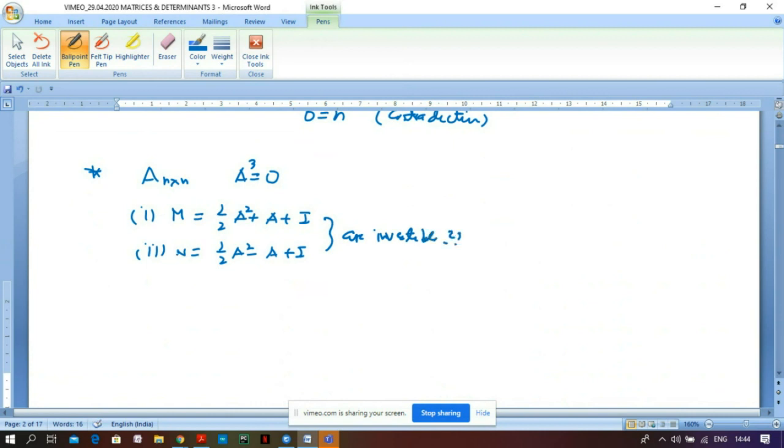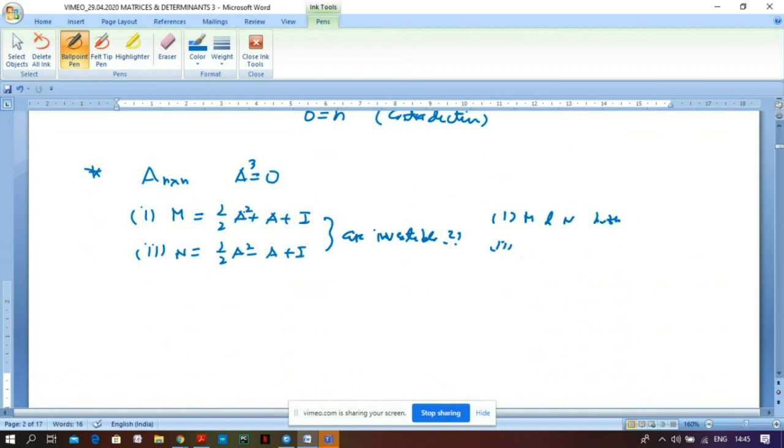Typical choices can be: M and N both invertible, neither M nor N is invertible, M is invertible but N is not, and fourth, N is invertible but M is not. Those are just ways of asking the multiple choice questions, but let's get to the subject.